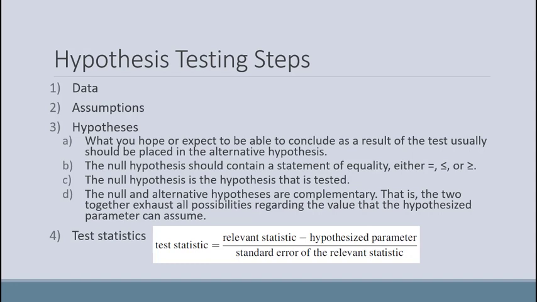Step 3 is to form the null and alternative hypotheses. Here are some rules of thumb for deciding what statement goes in the null hypothesis and what statement goes in the alternative hypothesis. Suppose that we want to answer the question, can we conclude that a certain population mean is not 50?